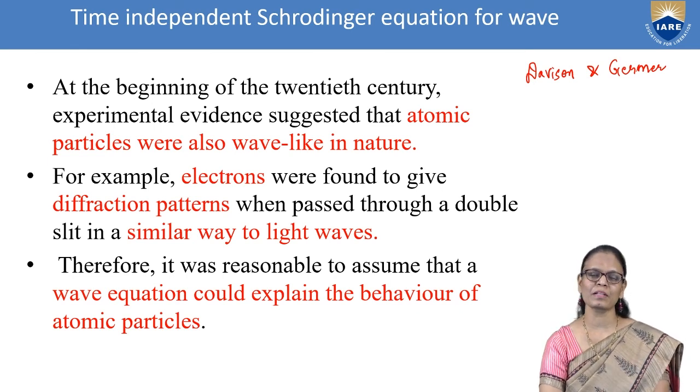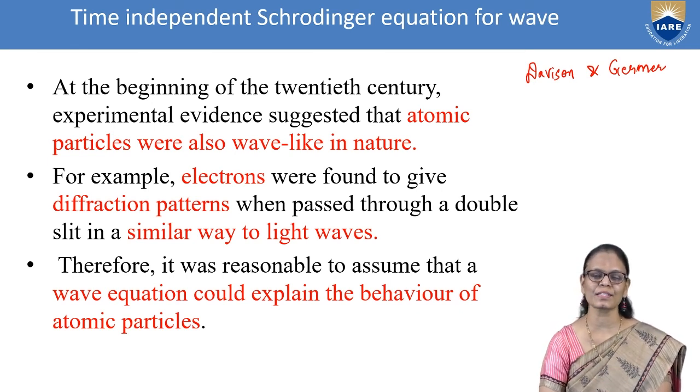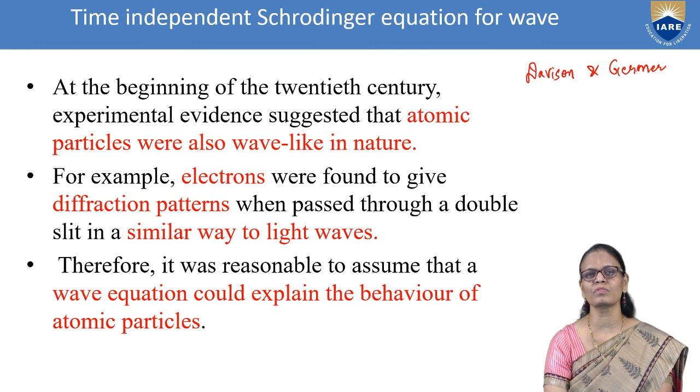They did the experiments with different voltages and at different angles of incidence, calculated the values, and compared the results with the theoretical results which we get from Bragg's law. When they compared, both were found to be matching or approximately equal. So that proved that these electrons exhibit wave nature.